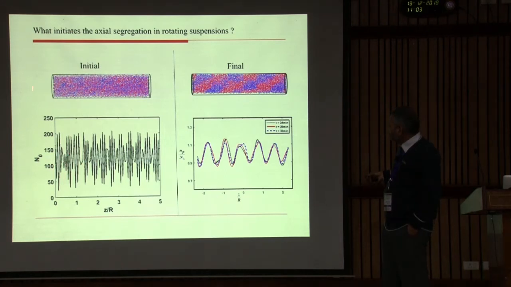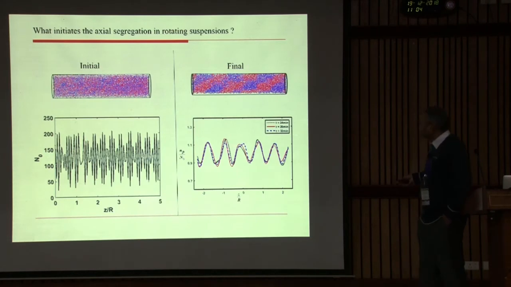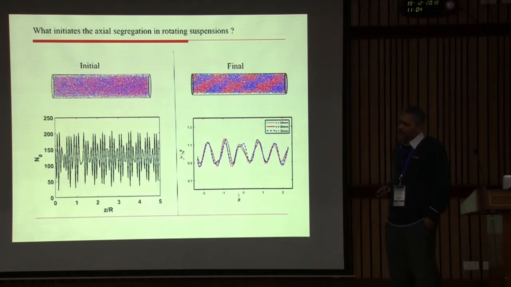If we start with a completely homogeneous distribution, it didn't give us stable band formation within the time scale. These are quite time consuming simulations, but when we have some axial perturbation, it eventually evolves into band formation.